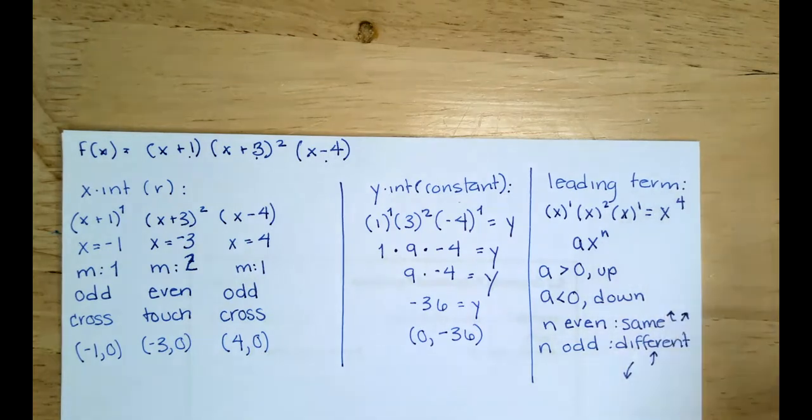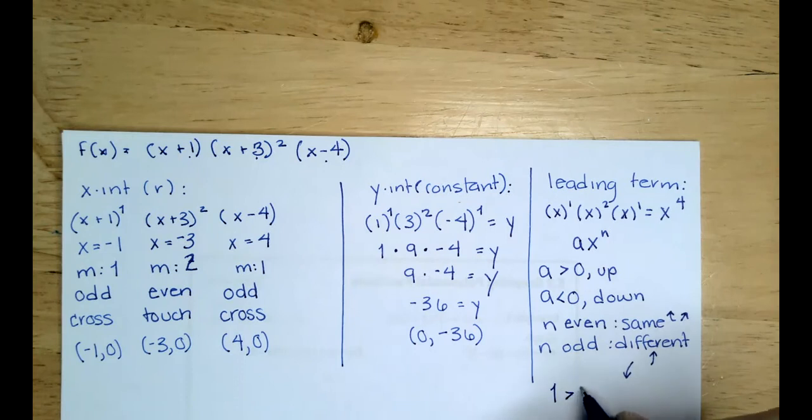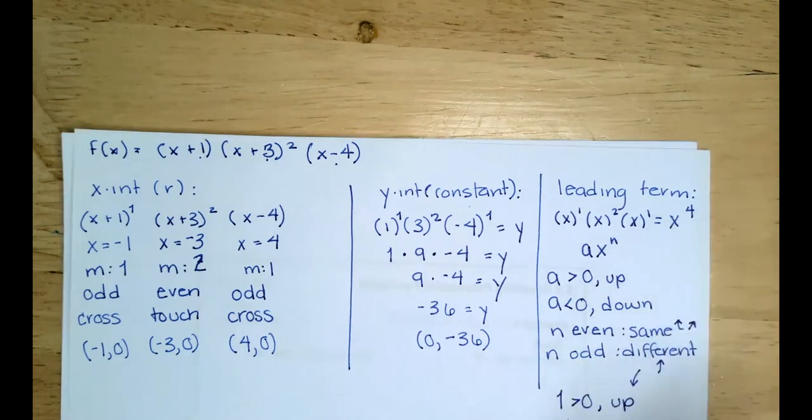So if we look at this, our a is positive, so it's going up, because it's an understood 1. 1 is greater than 0, so it's going up to the right. 4 is even, so it is same direction. So we have an up here and an up here.